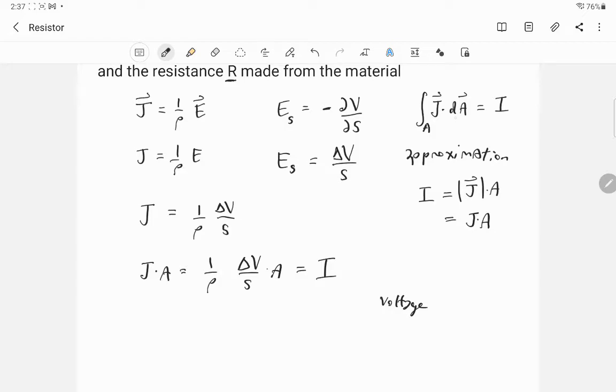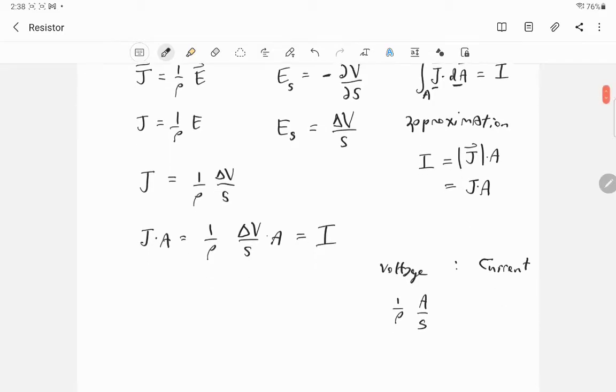And I am taking the flux of that current through that area. But anyways, I've got voltage, I've got shape issues like the area and a distance. I have a material issue here. It's 1 over the resistivity, and it's equal to the current. So the voltage and the current are being related to each other, and 1 over rho A over S is the proportionality between voltage and current.